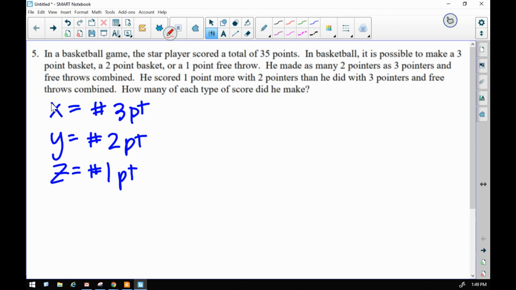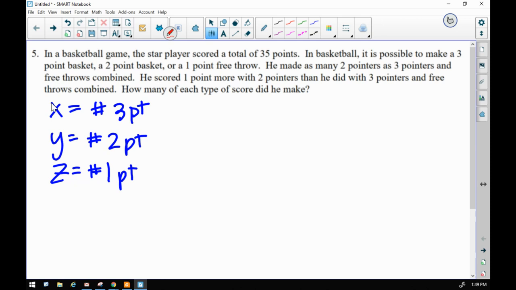The star player scored a total of 35 points. So however many of each one of these added up adds to a total of 35.